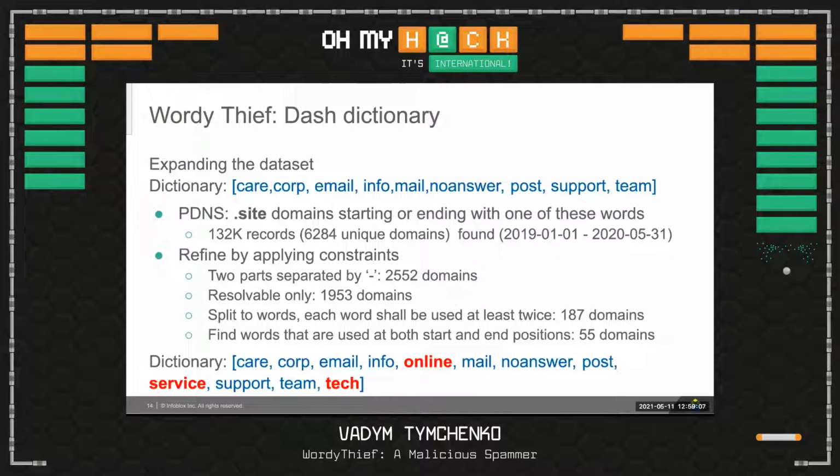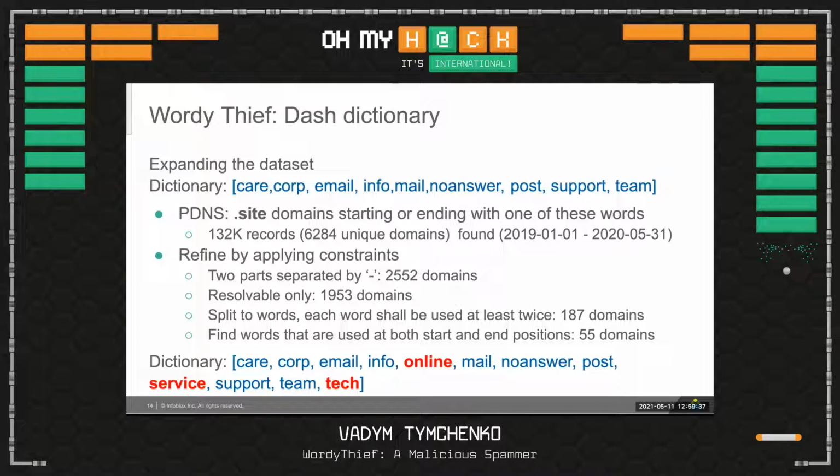Finally, we split these domains into words, and each word shall be used at least twice, after which we have only 187 domains left. And finally, we want to apply the very same rule we observed in the previous slide, that every word could be found either at the beginning of the domain or at the end of the domain. So only 55 domains follow this rule.